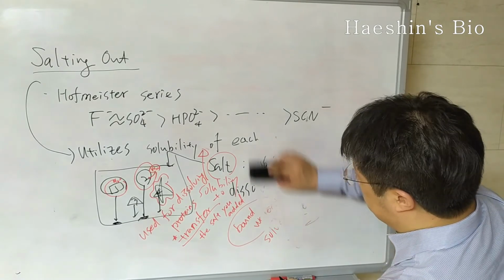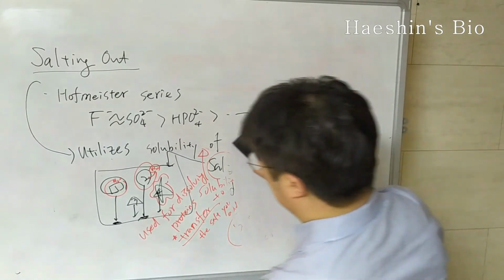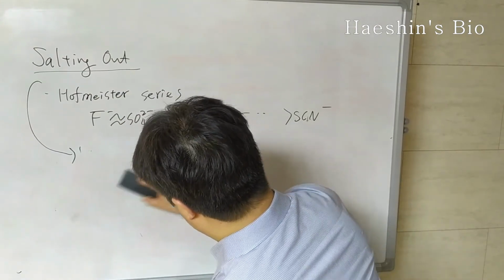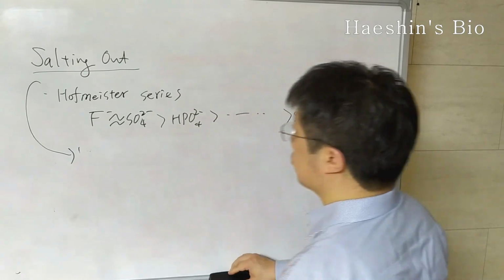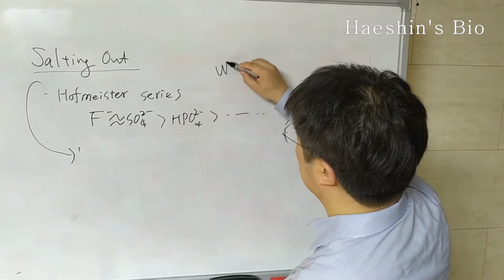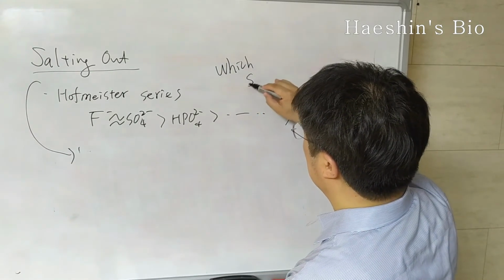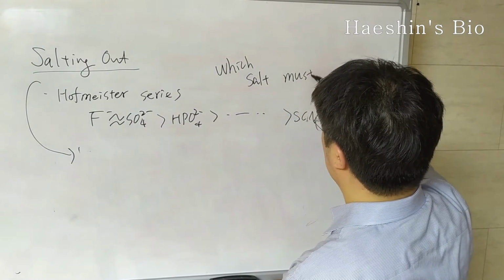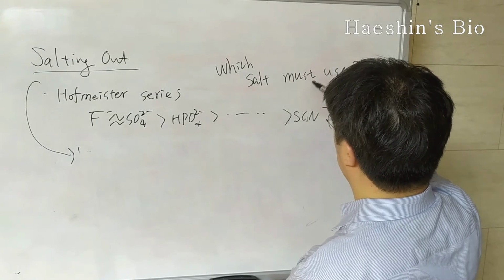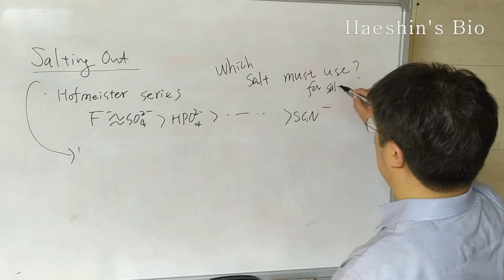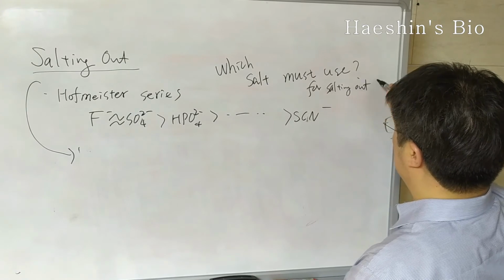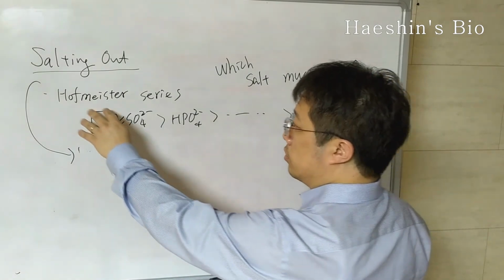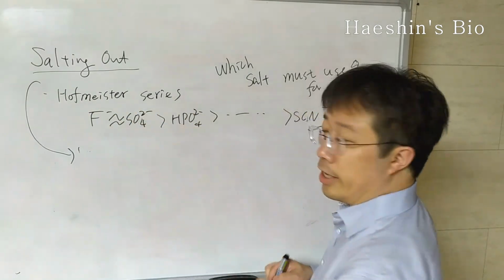So now the series I mentioned before here at the top. So which salt has to be used? So the question is, which salt then? Which salt must be used for salting out? That's why I put this Hofmeister series. This is the ionic strength.